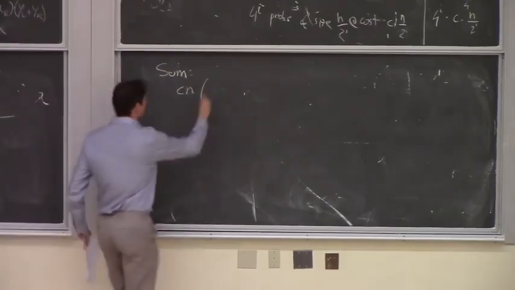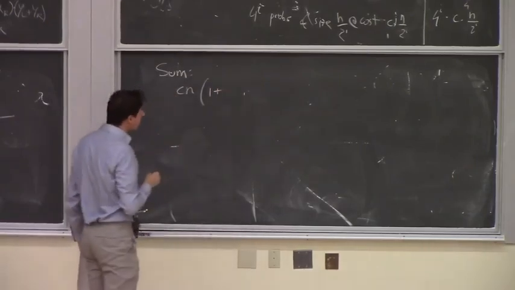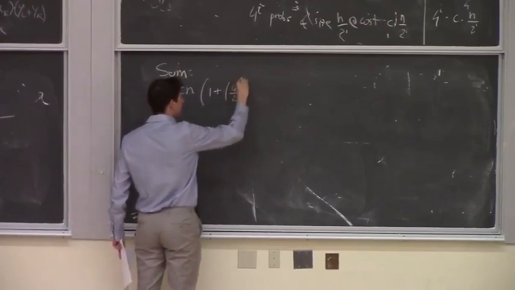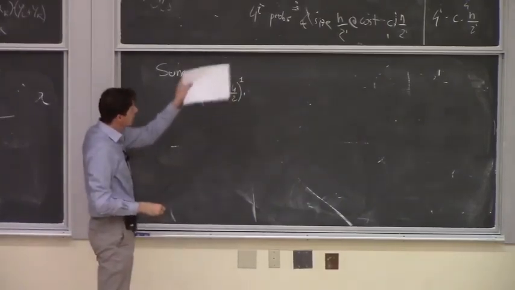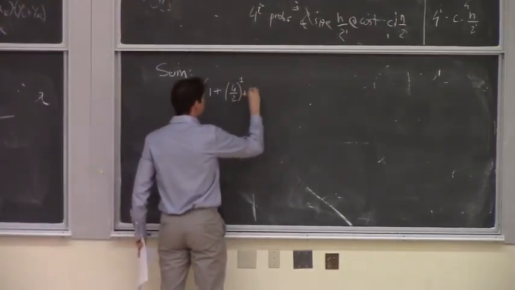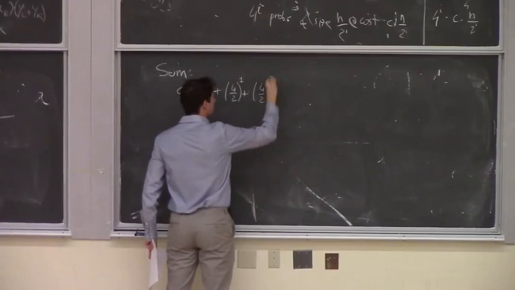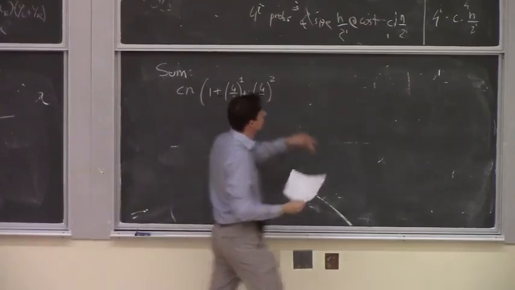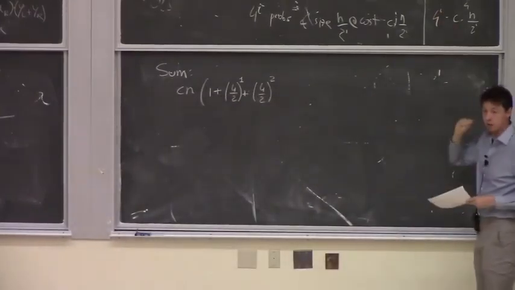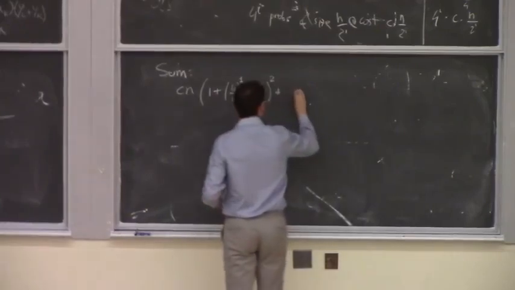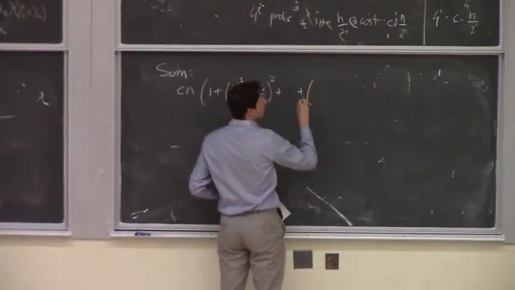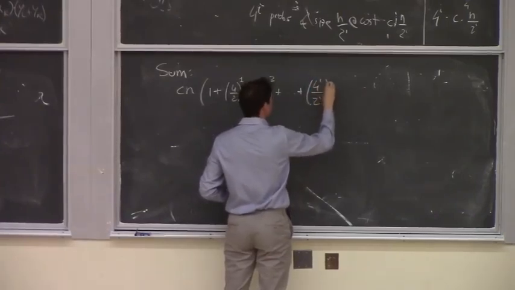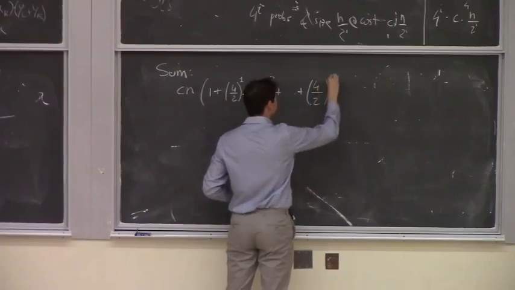So we have 1 plus the next term, we can view it as 4 over 2 to the 1, plus 4 over 2 to the 2. This evaluates to 4, which is consistent with here, 16 divided by 4. Plus and so on. So in the ith term, we will find 4 over 2 to the i.